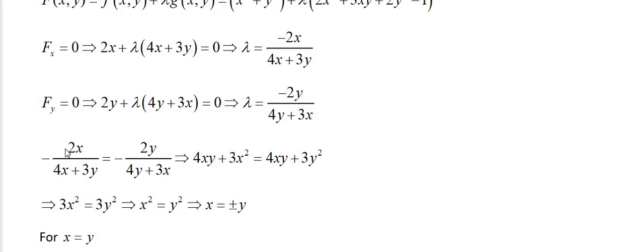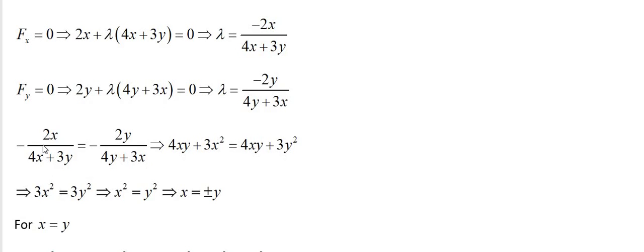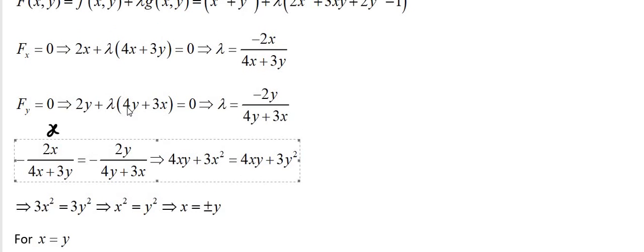Then 2x into 4y... again 2 gets cancelled. Then we have x only here and y only here. So cross multiply: 4y into x is 4xy, 3x into x is 3x², 4x into y is 4xy, 3y into y is 3y².